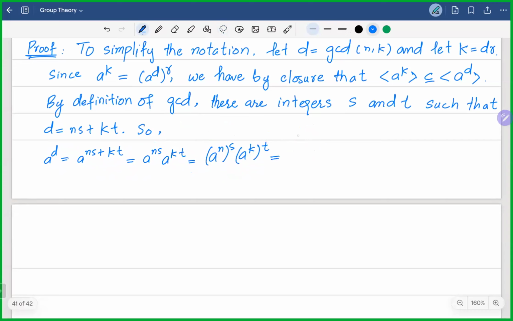Now I know that the order of a is n, so this is going to be e times a power k power t, which is only a power k power t, and this surely lies inside the set generated by a power k.